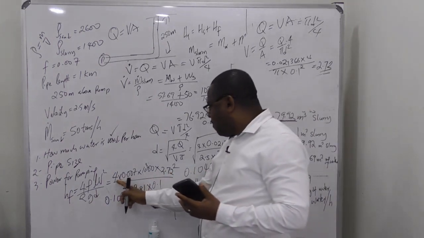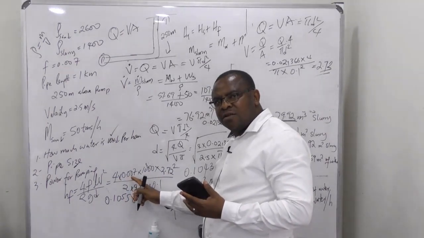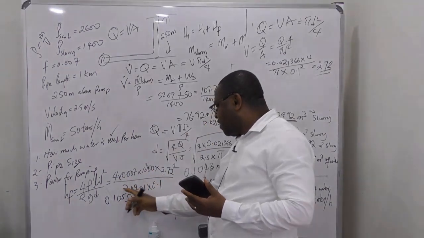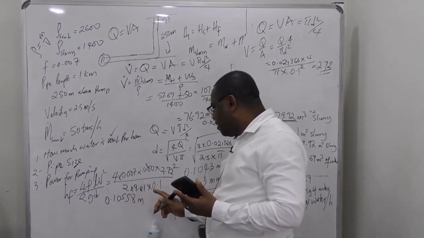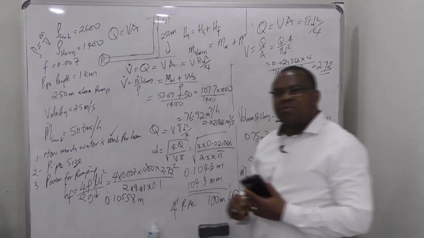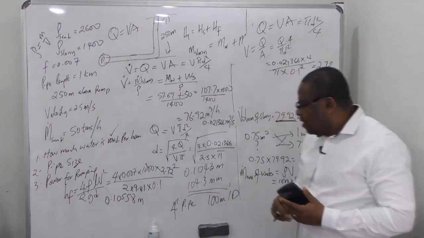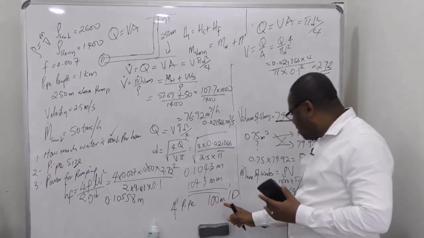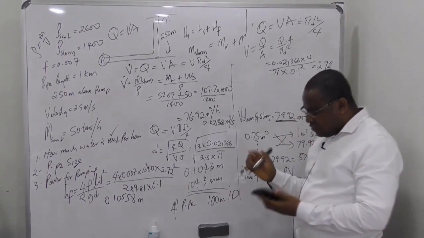Okay, I have 4 times 0.007, 1,000, 2.72 squared over 2 times 9.81 times 0.1. So what is this 0.1? Yeah, 0.1 in meters. That will give you meters.